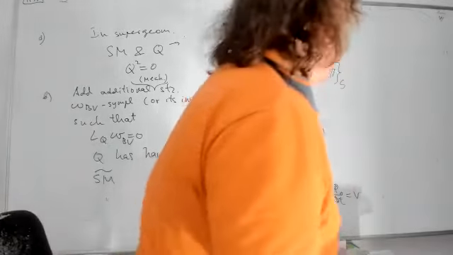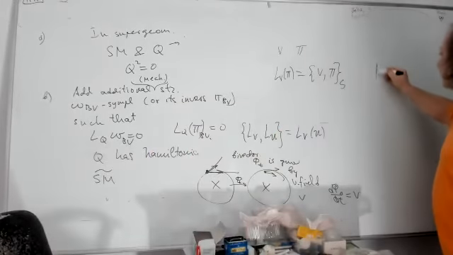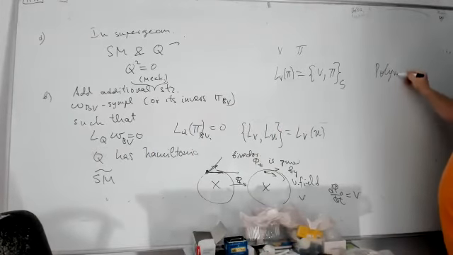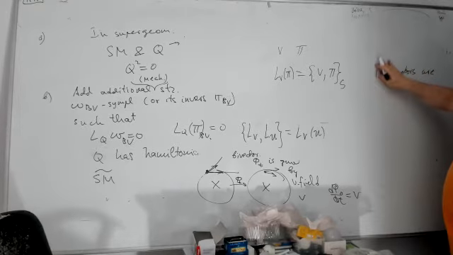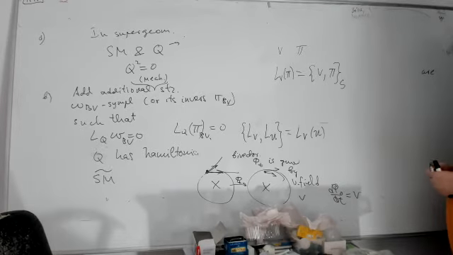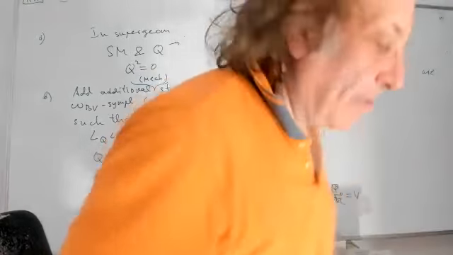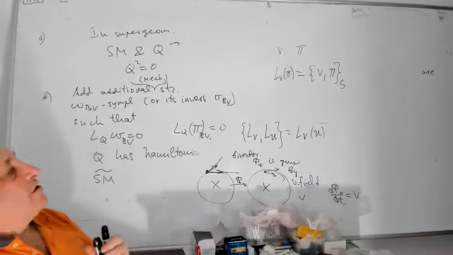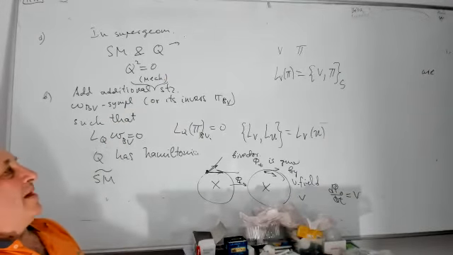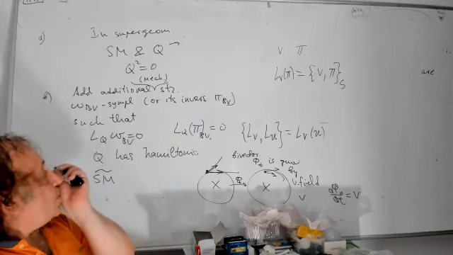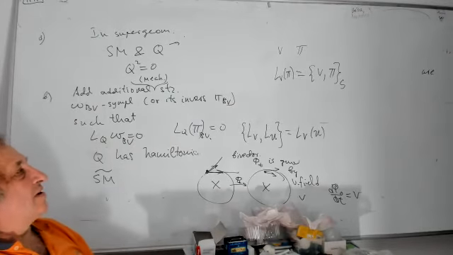Namely, polyvectors are, this way, symmetric polyvectors. No, I'm sorry, it is actually the Schouten bracket.